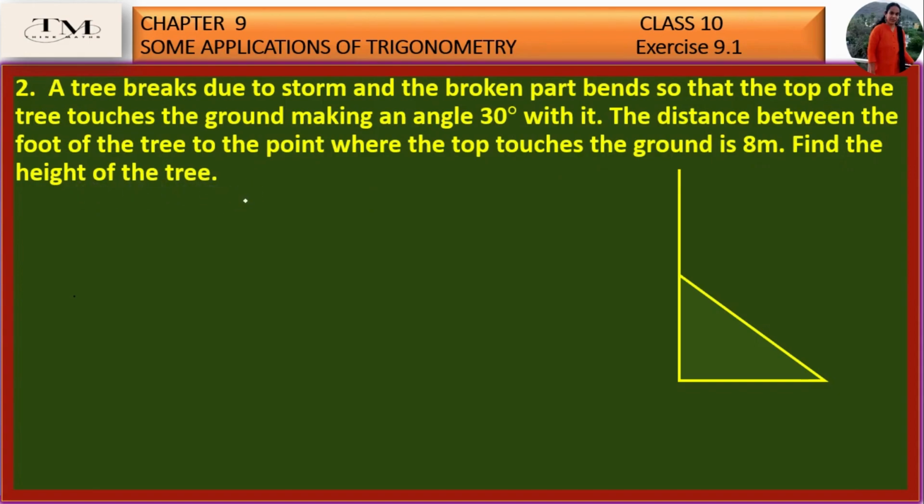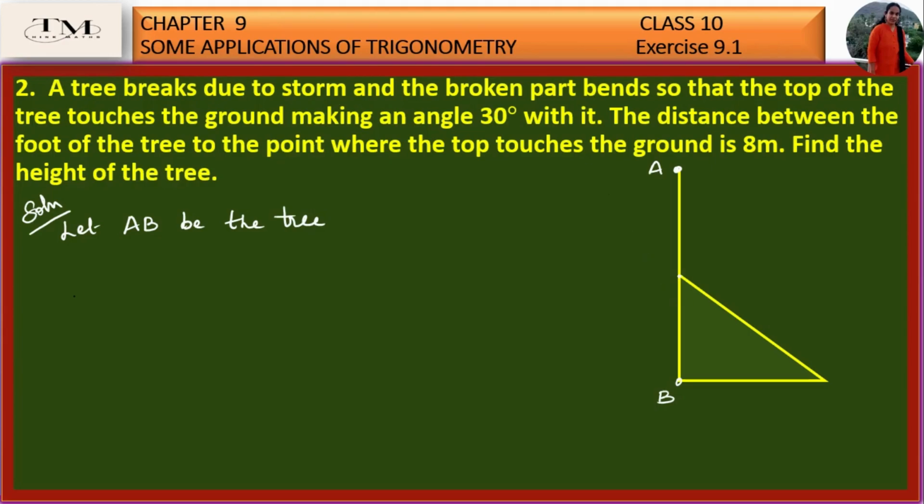Okay. So this is very simple. Here this is a line. This is AB, this point A and this point B. AB is the tree. So let us write, let AB be the tree. So a tree breaks due to storm and the broken part.